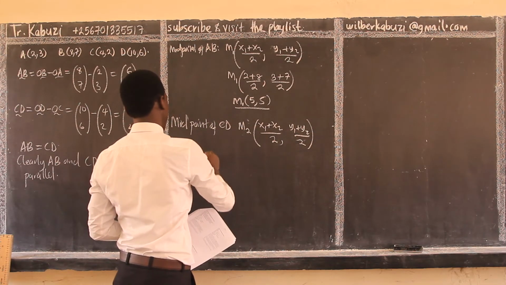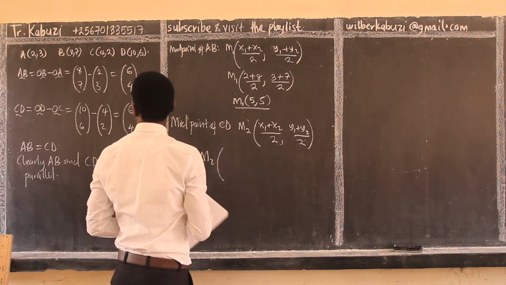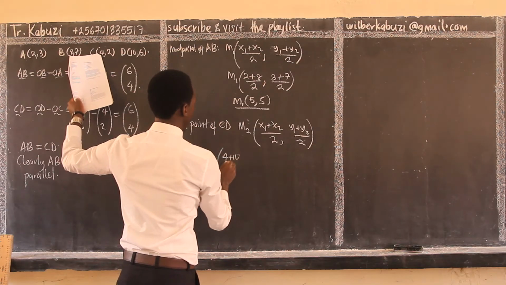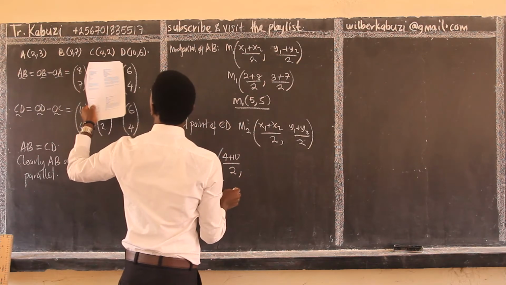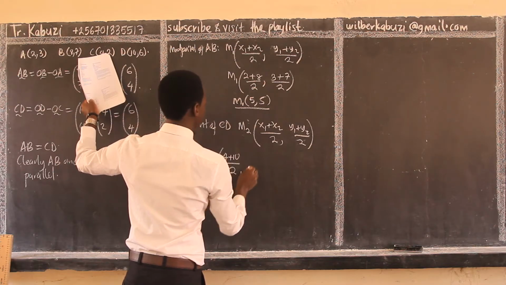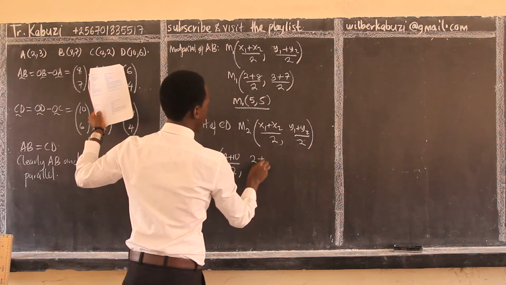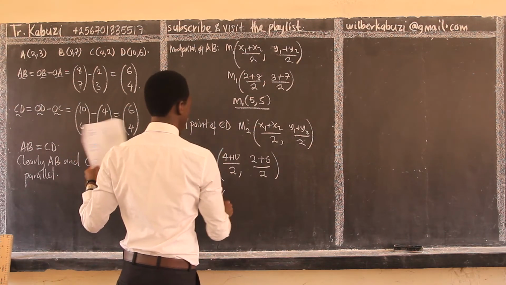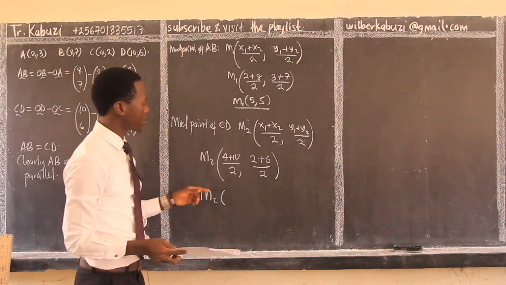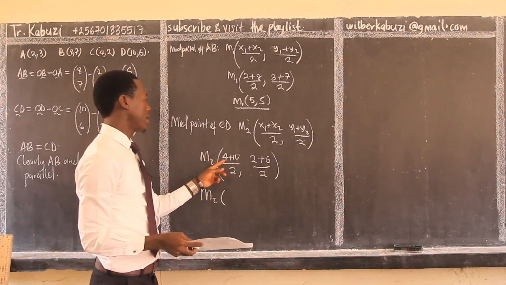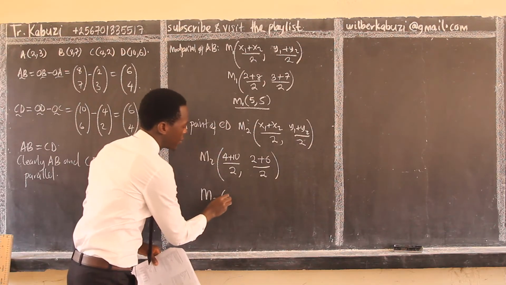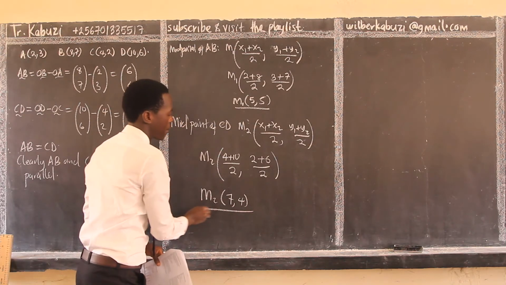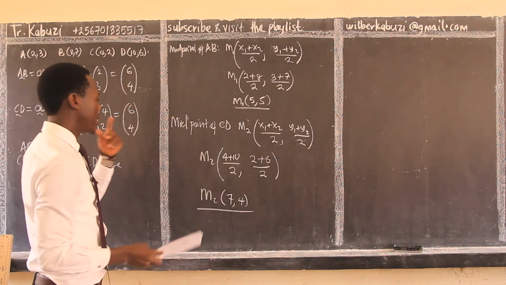So now my midpoint 2, I have 4 plus 10 over 2, then for y, 2 plus 6 over 2. So my midpoint 2 is going to be 14 divided by 2, which is 7, and here 6 plus 2 divided by 2, which is 4. So that's what I have. This is our midpoint 2.